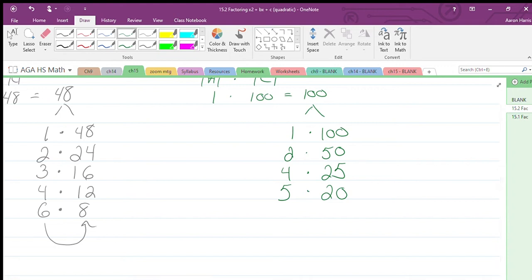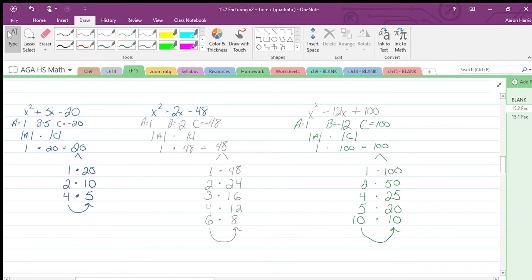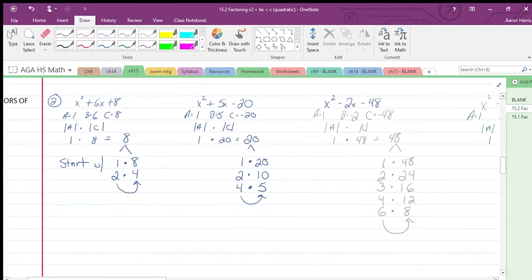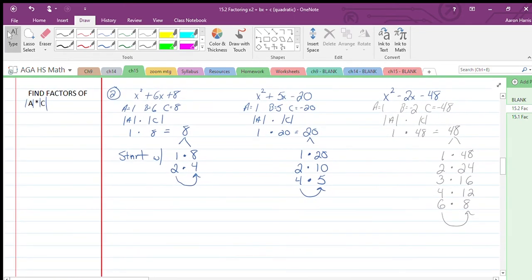No. 8? No. 9? No. 10? Yes. 10 times 10. And see, I don't have to go any further because it already wrapped around. Does that make sense? So this is what you need to do in order to find the factors that might be possibilities in order to get our binomial.